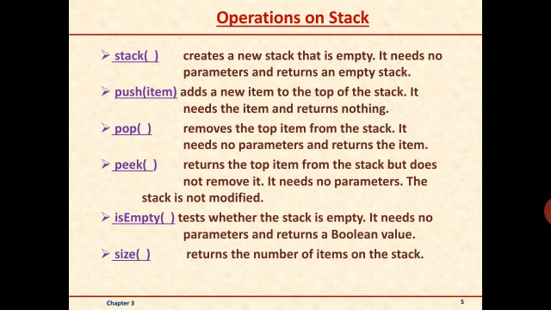Next operation is empty. Is empty will check whether stack is empty or not empty. It tests whether stack is empty or not empty. Okay. Last operation or last function on a stack is size. It gives the number of items on a stack. So these are various operations which are performed on a stack.